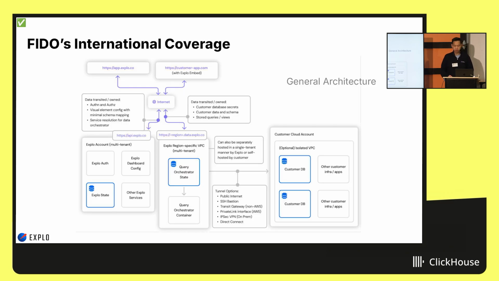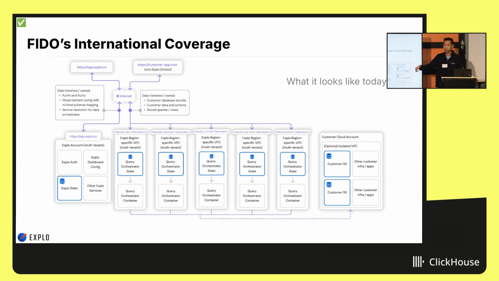And so here's an example of the general architecture that I just described. This is what it looks like. But in reality, it actually looks like this today. And so we have one FIDO instance that's in US East 1, one in AP Southeast 1, one in EU Central 1, actually one in US Gov East 1, because we have a few customers who need GovCloud.